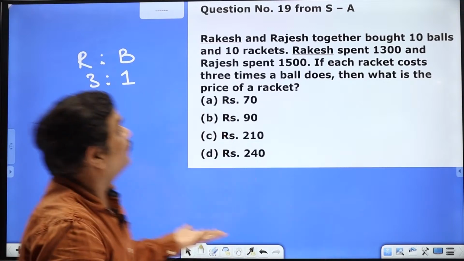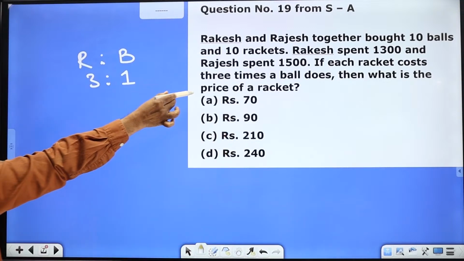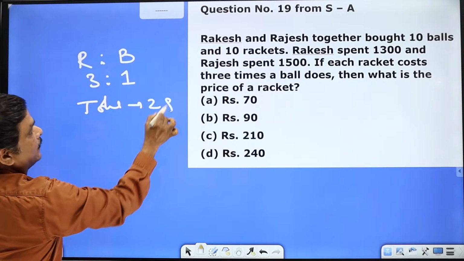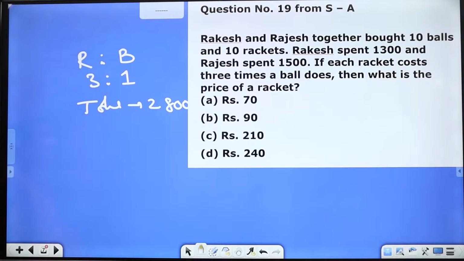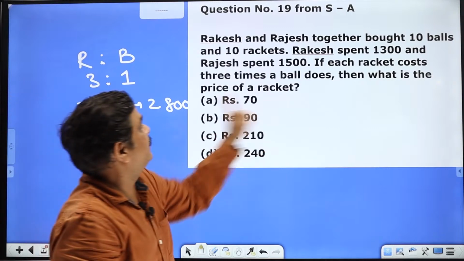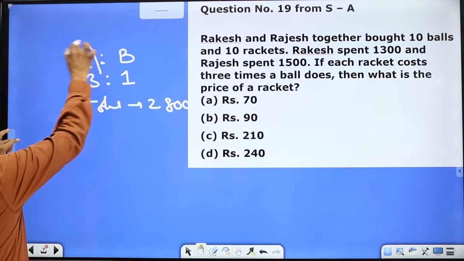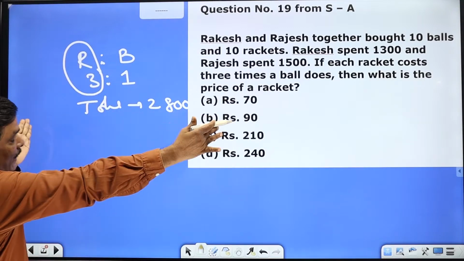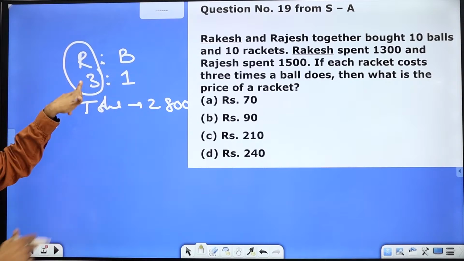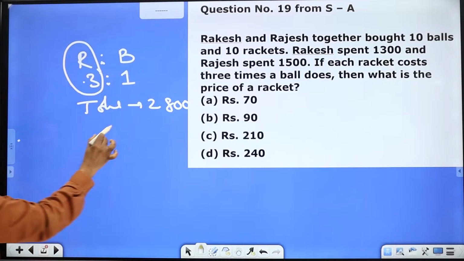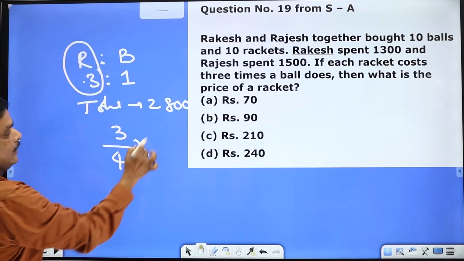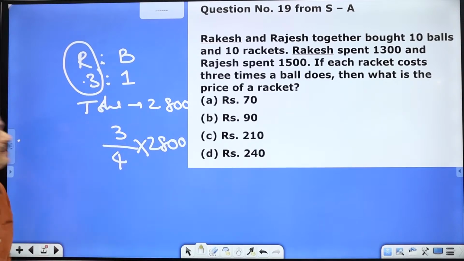So now clearly, students, the total cost here is 2800. Now they are asking what is the price of a racket? That means you need to divide this 2800 into parts. My answer is 3 parts out of 3 plus 1, that is 3/4 into 2800. As simple as this.